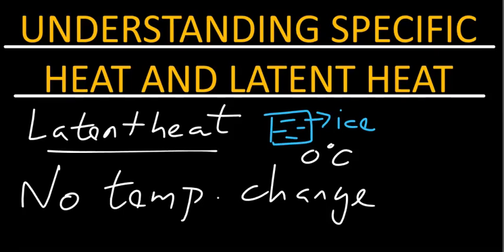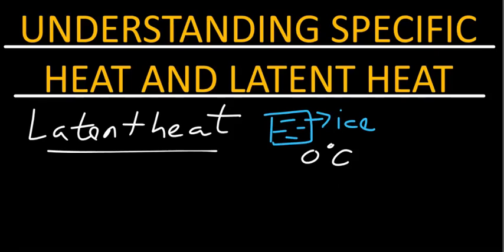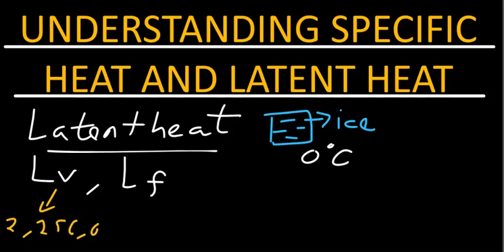Now there are two constants that are important here: the latent heat of vaporization and the latent heat of fusion. For the case of water, the latent heat of vaporization has a value of about 2,256,000 joules per kg.